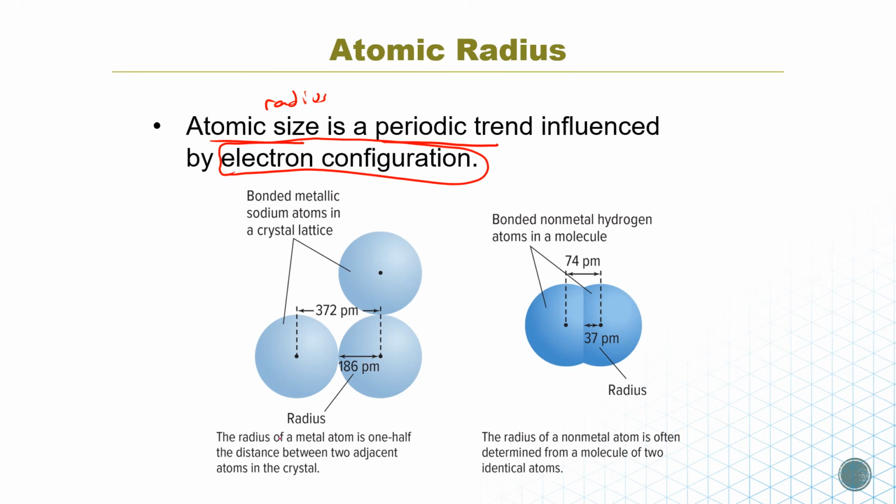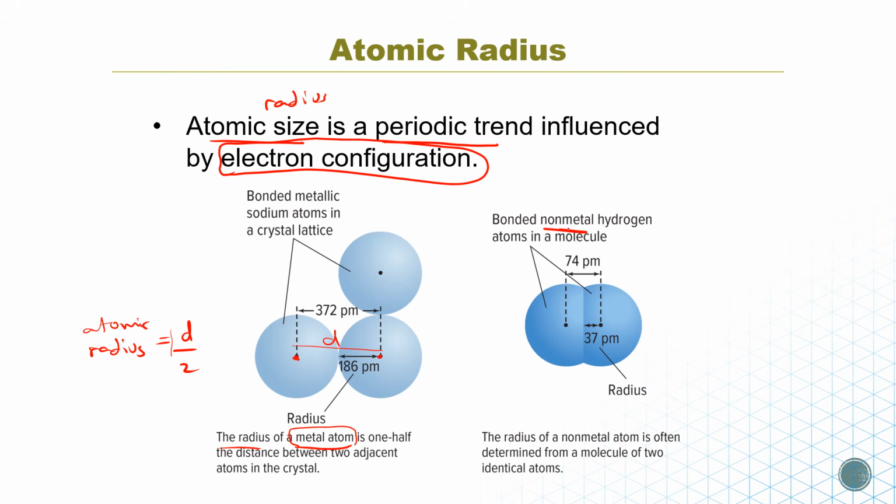You can see that the radius of a metal atom is 1/2 the distance between two adjacent atoms in the crystal. So if you have two atoms, right, then the distance from the nucleus of the two atoms, if this distance, we call it d, then the atomic radius is equal to d over 2. It's the half. This is when we are talking about metal atoms, لما نتكلم عن الذرات المعدنية أو الفلزات, okay?